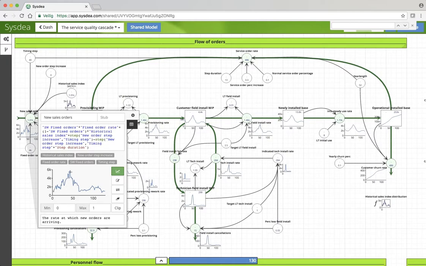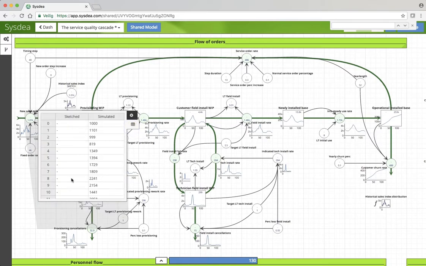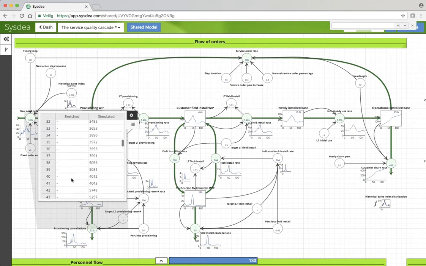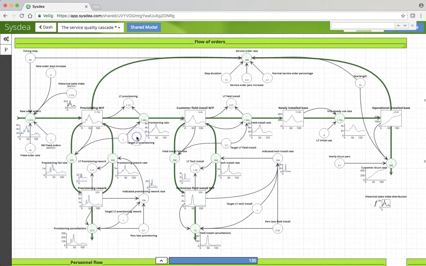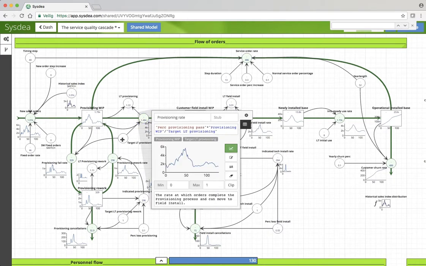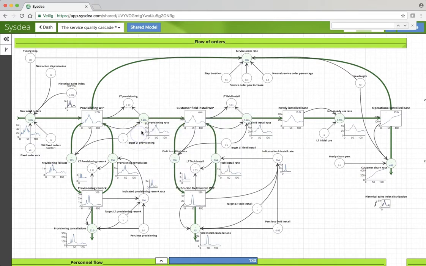They grow to a peak in week 42 of almost 6,000 orders, and that's wonderful, of course. The next stage, provisioning, takes just 1 week, so the peak there is not so much later.